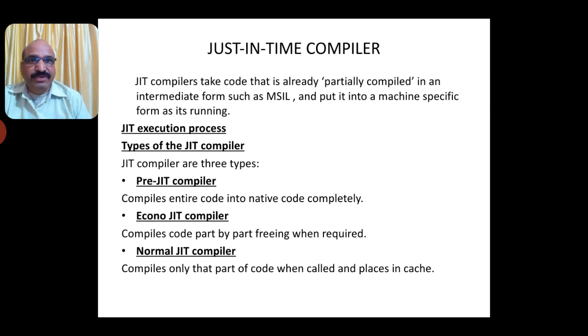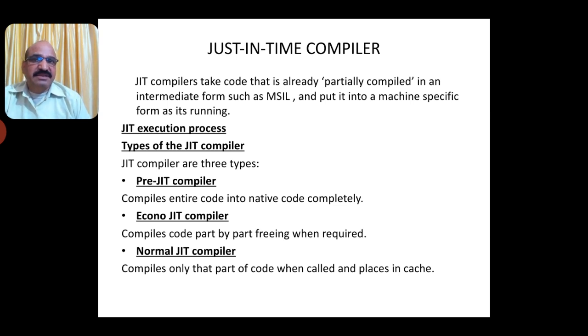Now, types of JIT compilers. The .NET environment provides three types of JIT compilers. First one is the pre-JIT compiler. The pre-JIT compiler compiles the entire code into native code completely. It compiles source code into native code in a single compilation cycle.